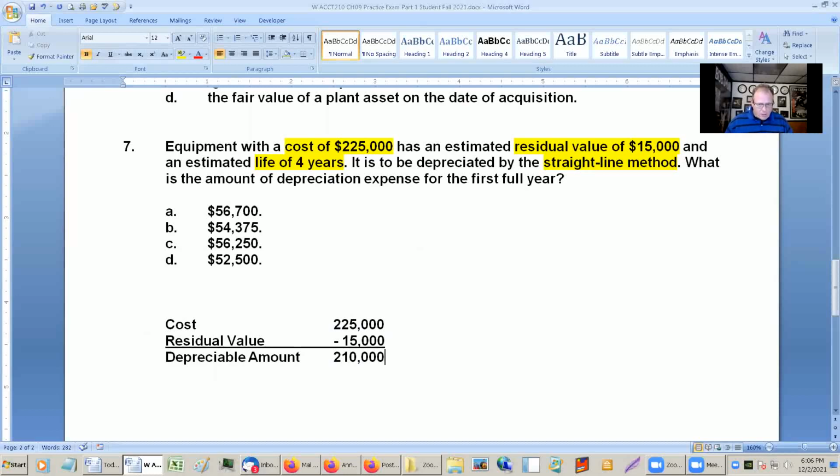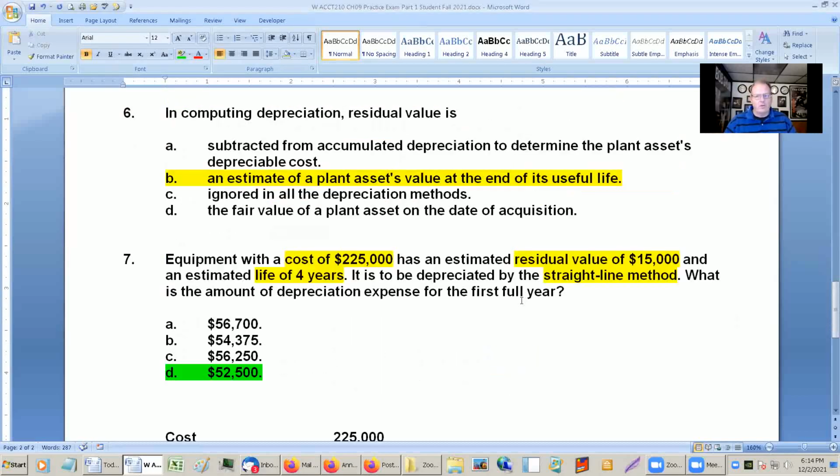All right, and then we divide that by 4 years. Do 500, and yes, it is. Very good. Okay, so let's do a recap.